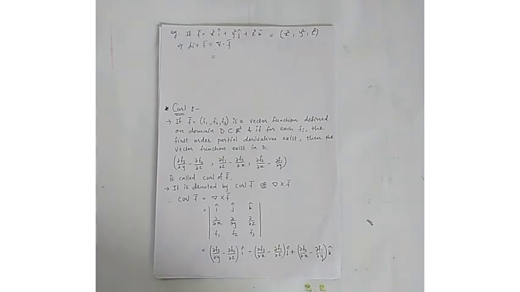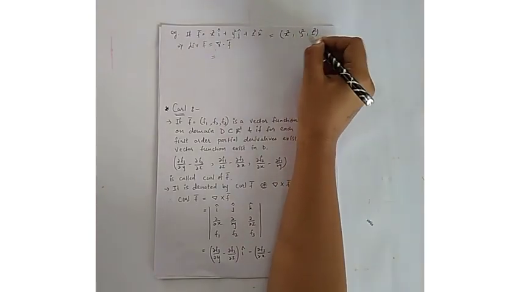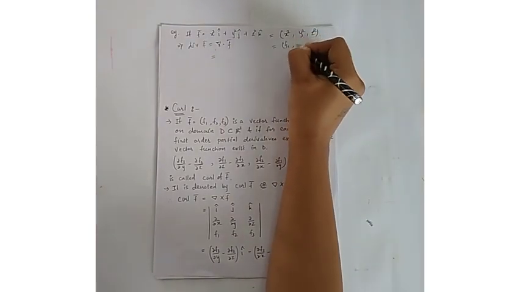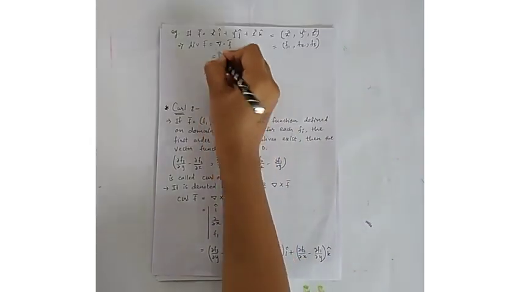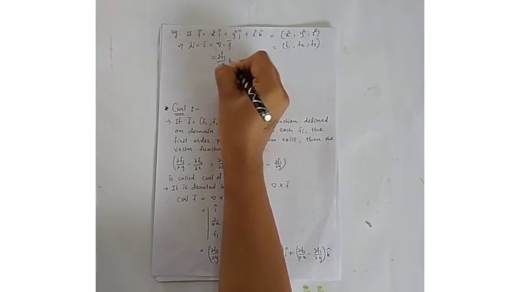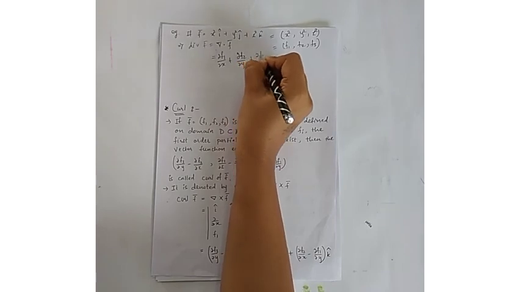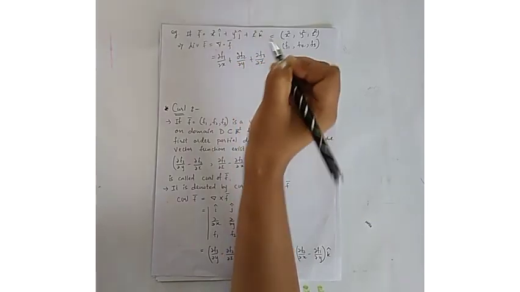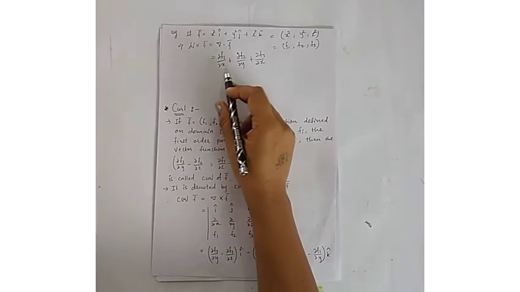So the divergence of this function: if I write this vector as f1 comma f2 comma f3, the definition is del f1 by del x plus del f2 by del y plus del f3 by del z, right?